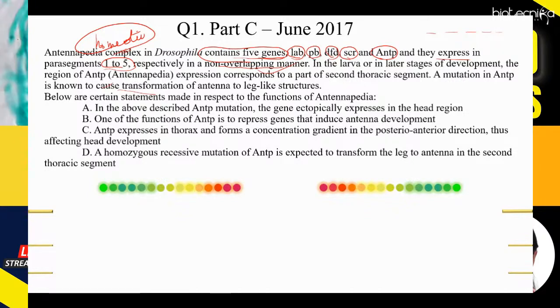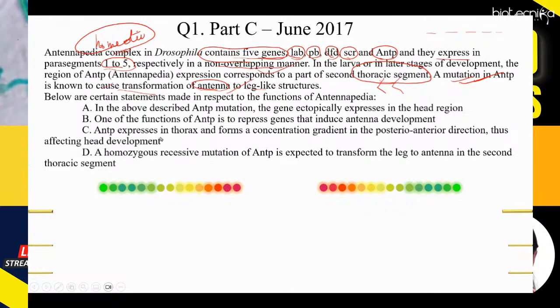Normally antennapedia controls the development of the thoracic region of the Drosophila, where legs are supposed to come out, and in the mouth part antenna comes out. But if a mutation happens in antennapedia, then from the thoracic segment legs will come out, but from the mouth region leg will also come out instead of antenna.